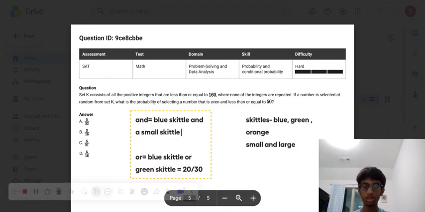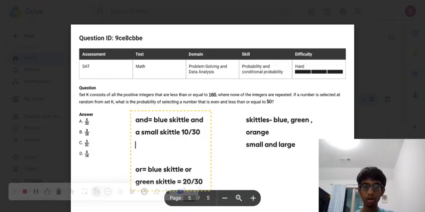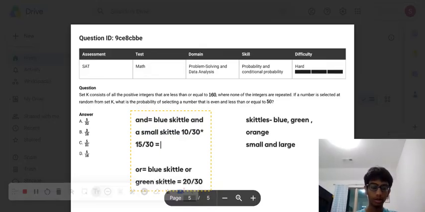So blue Skittles, you have 10 of them over a total of 30. And for small Skittles, you have 15 out of 30, right? So what you need to do is multiply these probabilities. And then you're left with 1/3 times 1/2, which is 1/6.